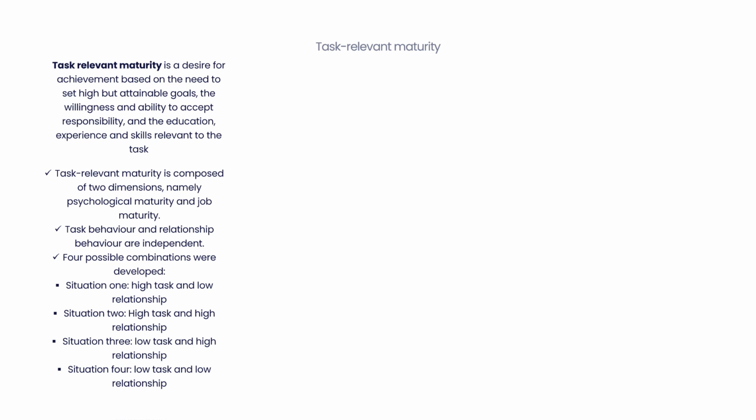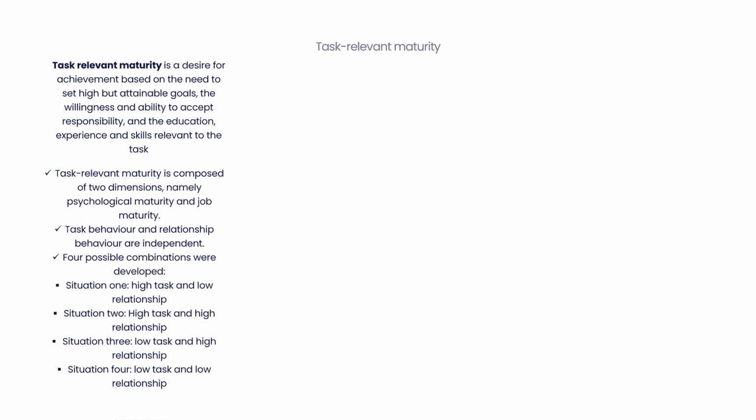We are talking about someone with low ability, and also no willingness. So task behavior is a skill. Relationship behavior is about the mindset. They're independent. So as a leader, when you are dealing individually with your followers, make sure that you understand the level of task behavior and the level of relationship behavior of your followers.